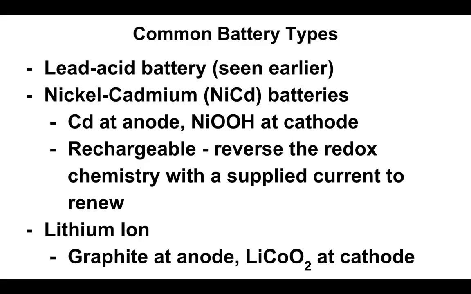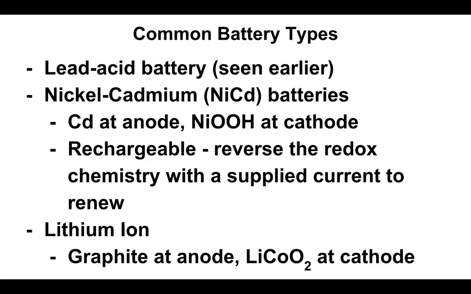So think about that for a second. Every time you have a rechargeable battery, what do you have to do when the battery starts getting low or runs out? You have to plug it into your charger, and you have to allow an electric current to be supplied to reverse the chemical redox that's going on there. Now, if it's spontaneous, which it would be if it's a battery, right, because the battery needs to supply electrical current for whatever device you're using, that means it would be spontaneous.